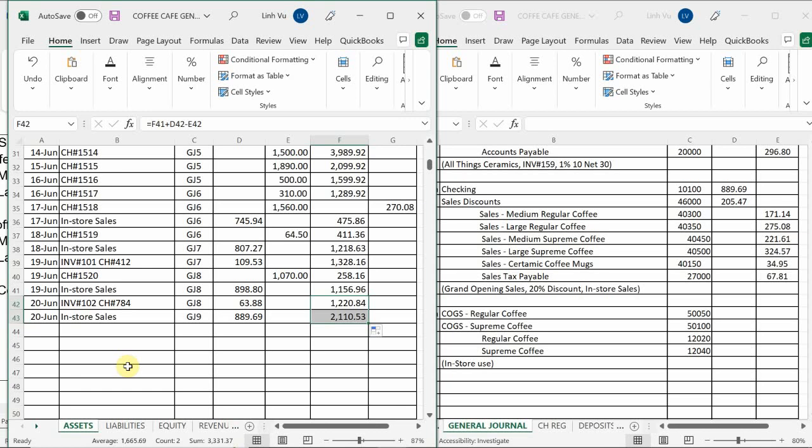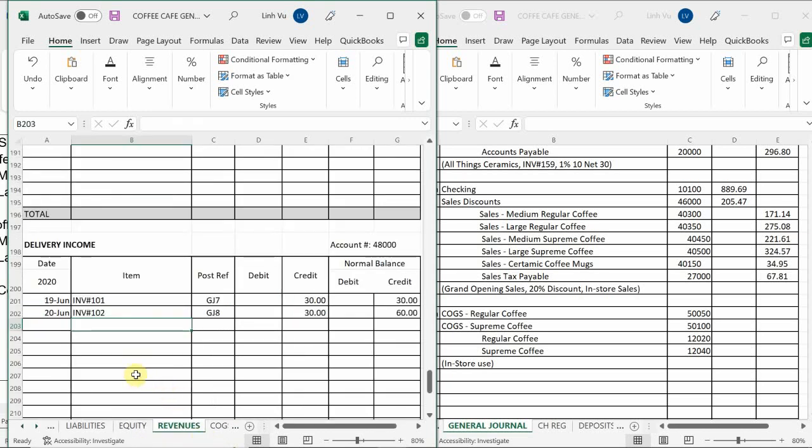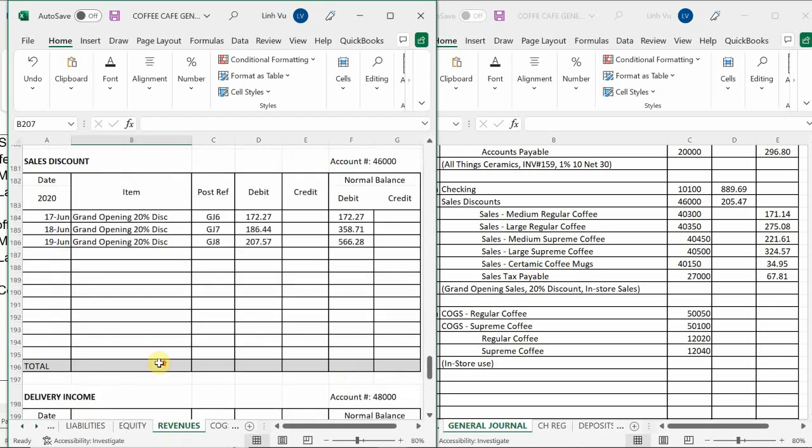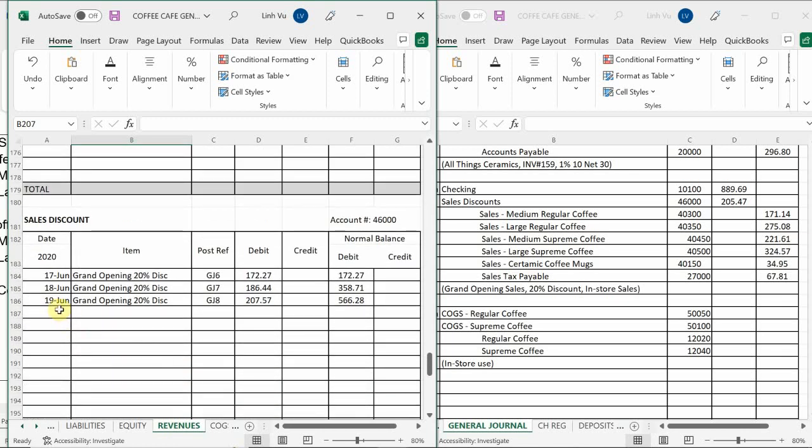Good. And then we also go down the same book at the tab to the sales discount. So revenues, sales discount.